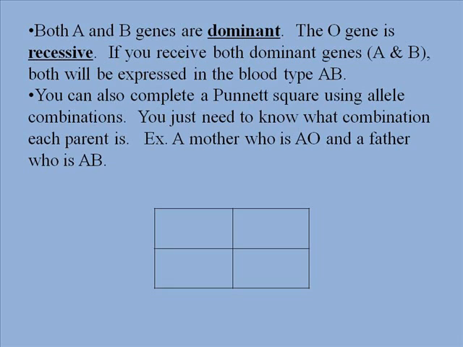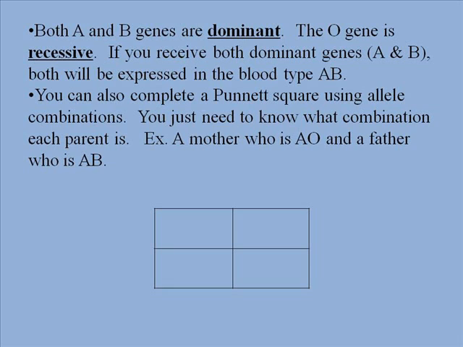When we look at the A, the B, and the O, if you look back in your notes at the chart, you'll notice that when the A is with an O, you have type A blood. When the B is with the O, you have type B blood. But then when the A and B are together, you get a mixing and have a type AB blood.